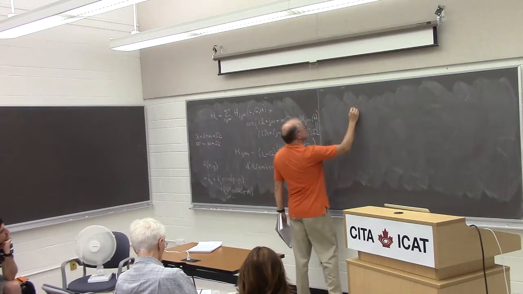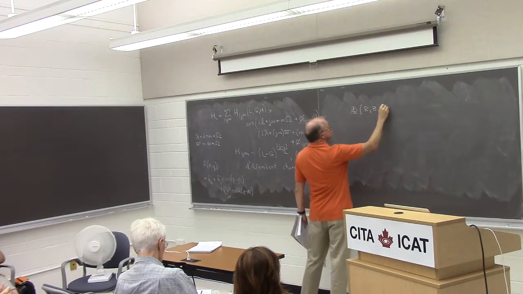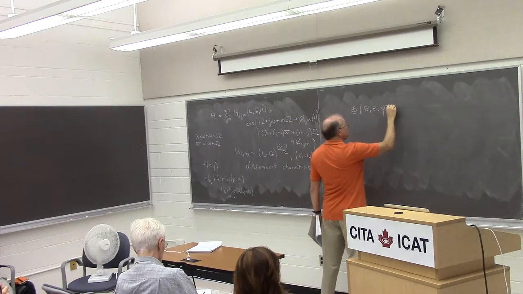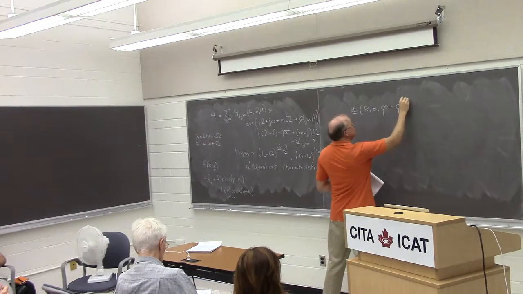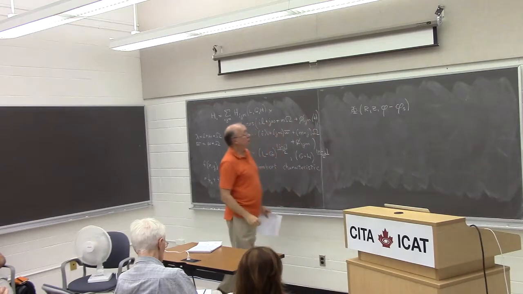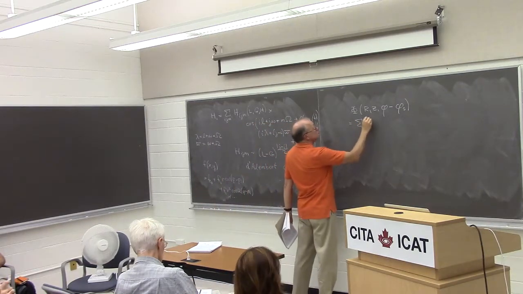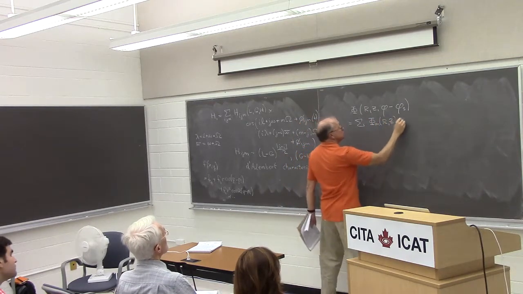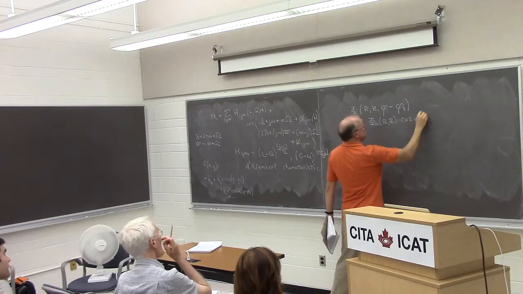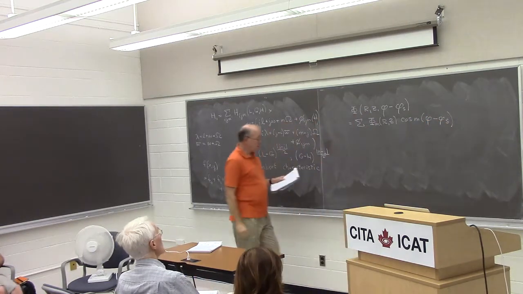In that case, the perturbing potential would be some function of the cylindrical coordinates, where the azimuthal angle is phi minus the phi of some satellite. You would expand that in the Fourier series, phi m of r and z, times cos m(phi minus phi s).